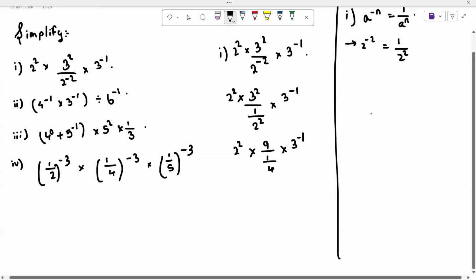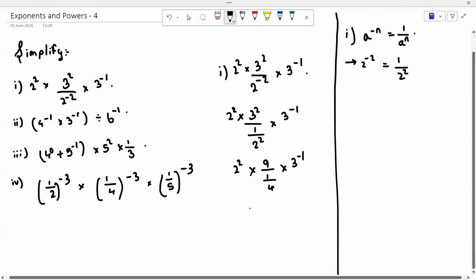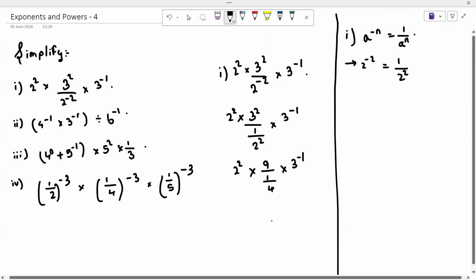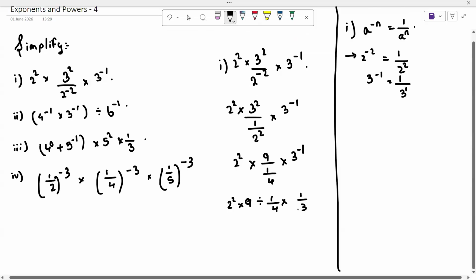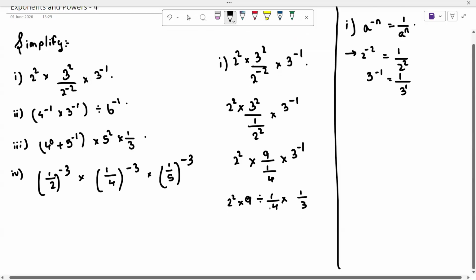So 9 divided by 1 by 4. 3 power minus 1 is nothing but 1 by 3 power 1, or 1 by 3.